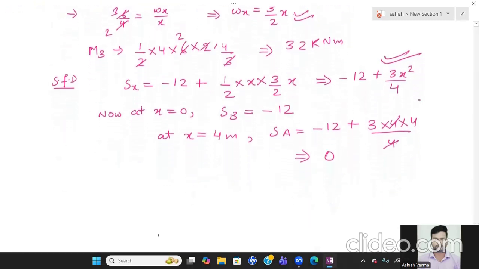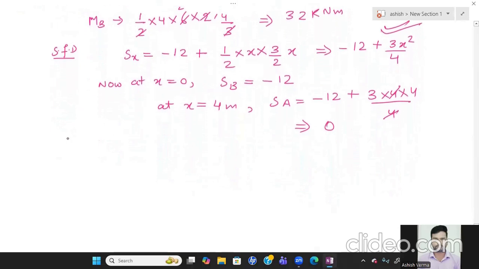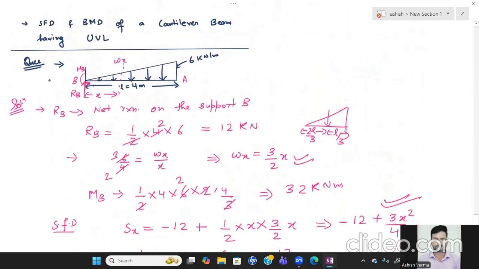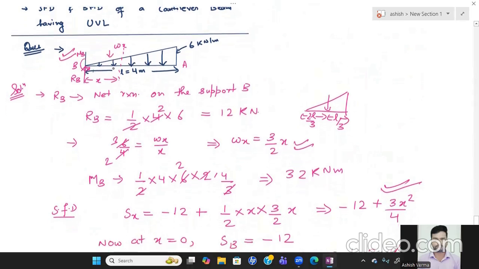After that, we will calculate for the bending moment diagram, BMD. Moment at the section X. For moment at the section X, we will consider the moment that is acting on the support B. We can see from here the moment MB acting on the support and the moment generated due to the downward loading.